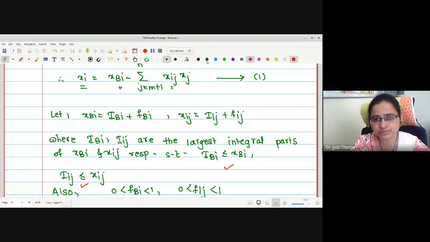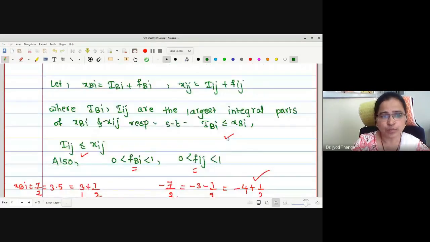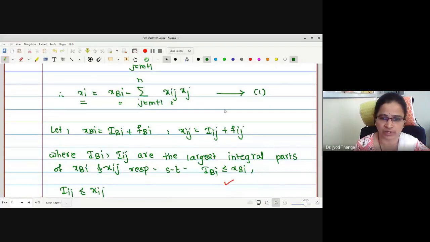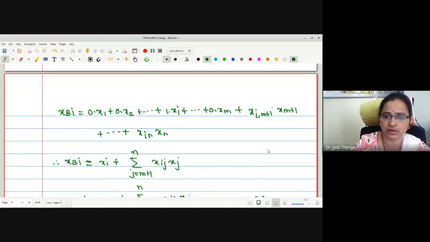Is the point clear? We were expressing xbi and xij in this format of ibi plus fbi and iij plus fij. Let me call this 2, and put 2 in 1.